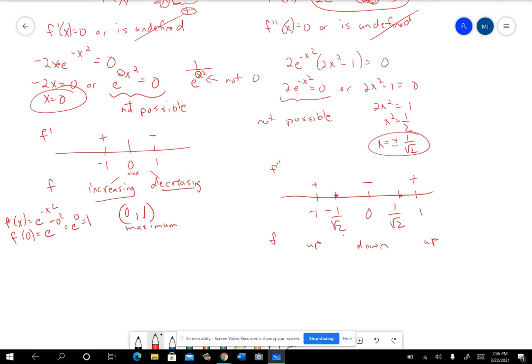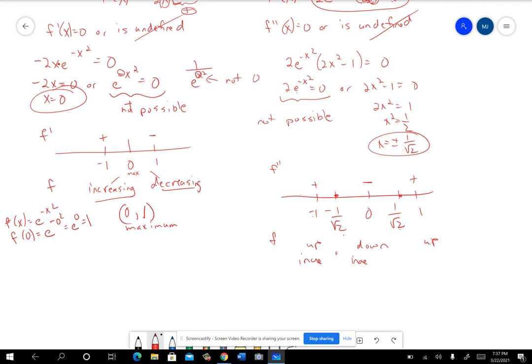All right, but then as you look further, it's got to be increasing in both of these spots. So it's got to be increasing here. It's increasing here. And also between -1 over square root of 2 and 0, it's increasing.